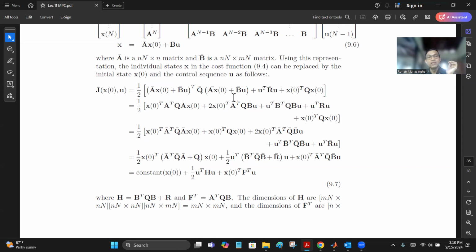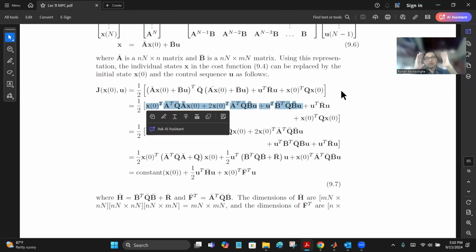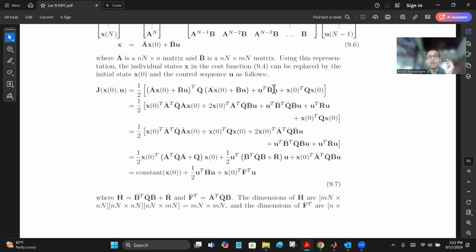Okay, like this. Then Q bar, and after that B bar u. So up to this point, it is only the first term in the line above it, and we have expanded it into three terms. And after that, you get u transpose R bar u, this term, and the other term over here.